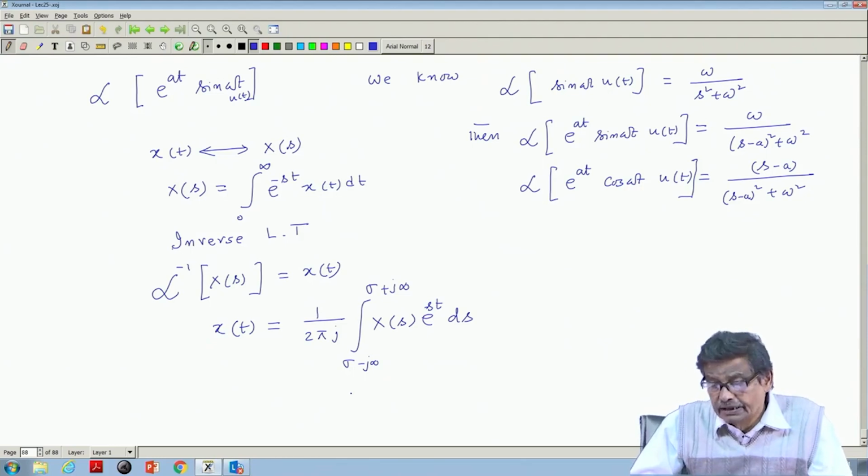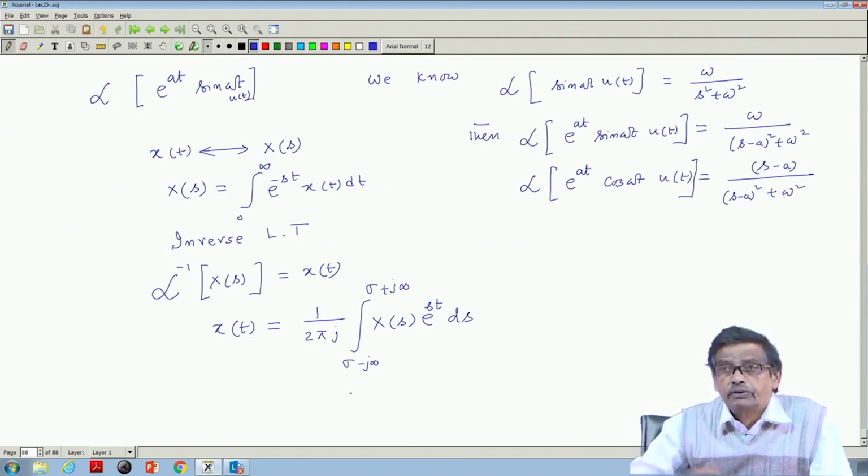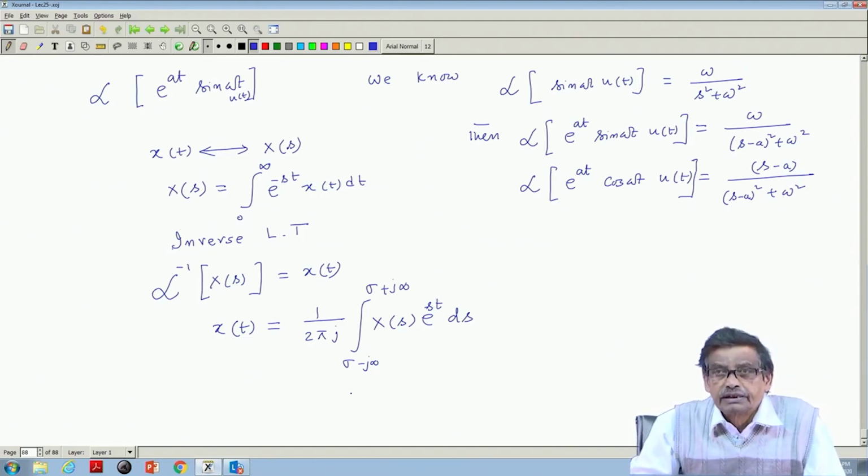Then it looks like it may be a very difficult task when I want to apply this to find the response of some circuit in time domain. I go to the Laplace domain, no doubt, but then I have to come back to the time domain by taking the inverse.